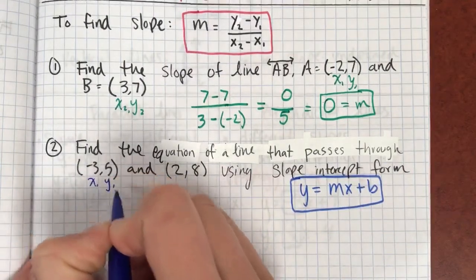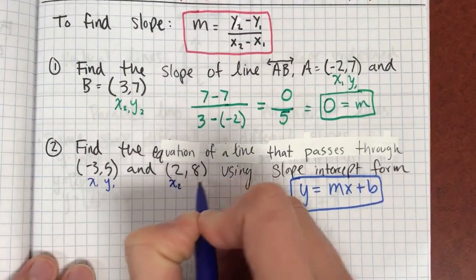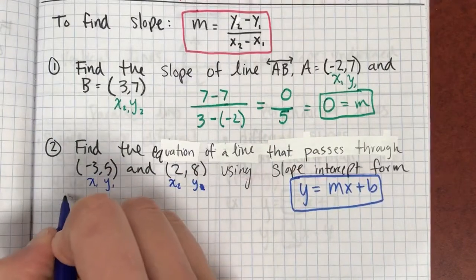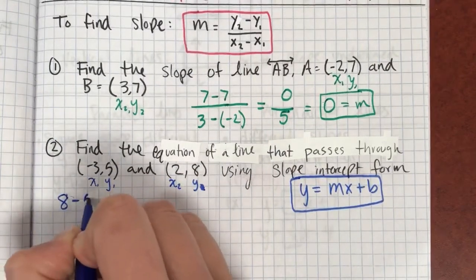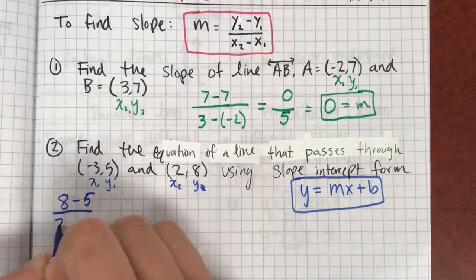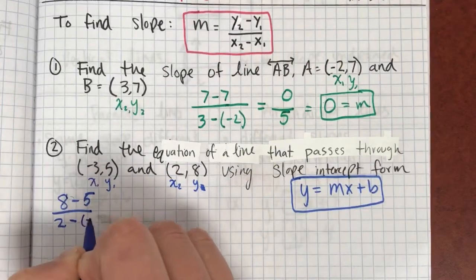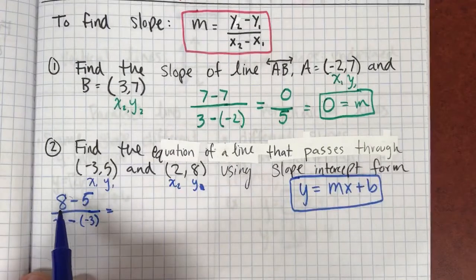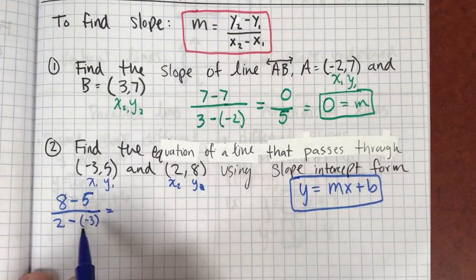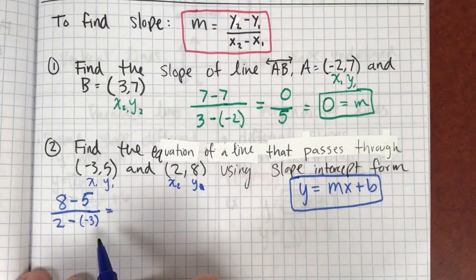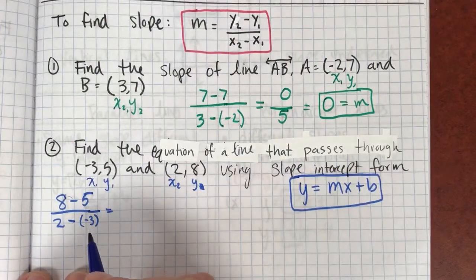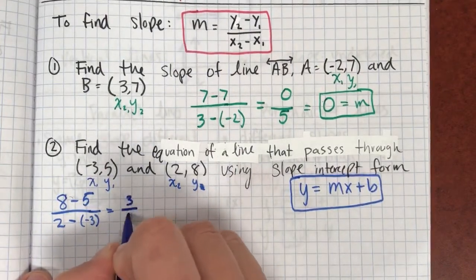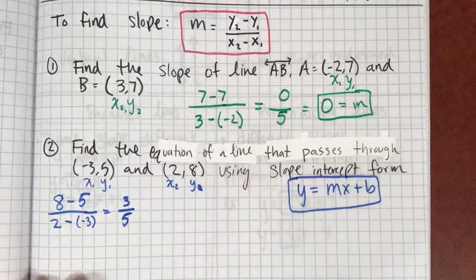So I'm going to call these two my 1's and these my 2's. To find my slope, I'm going to take 8 minus 5 over 2 minus -3. Now, if you do this backwards, 5 minus 8 and -3 minus 2, you should still have the same answer, okay? And so this reduces to 3 over 5.